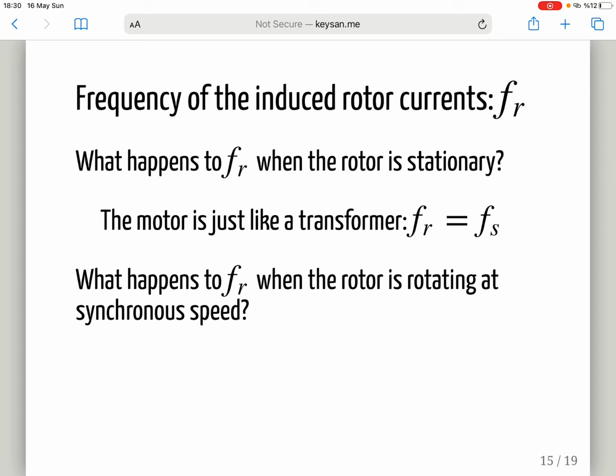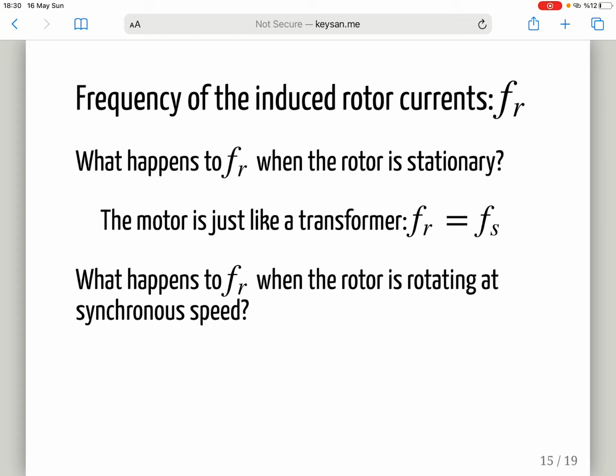If you don't have any induced voltage, you will not have any induced currents, and if you don't have any currents, then you will not have any torque at all.